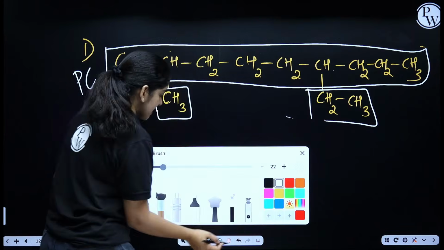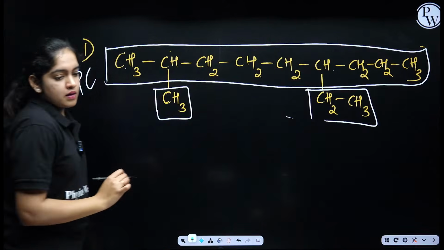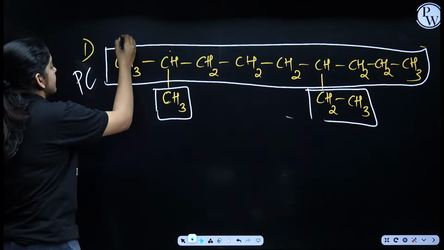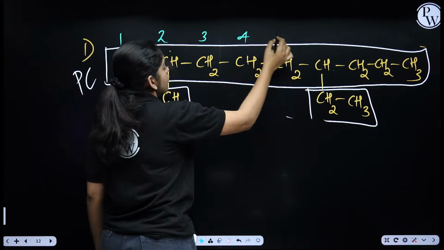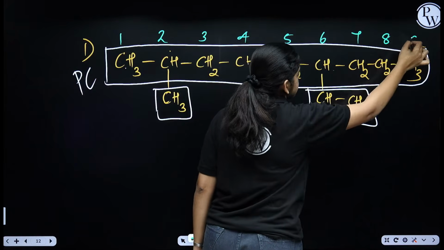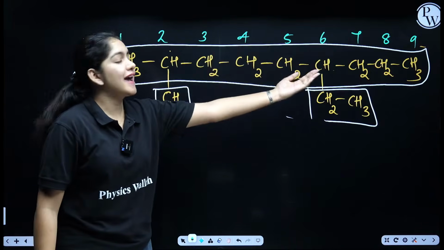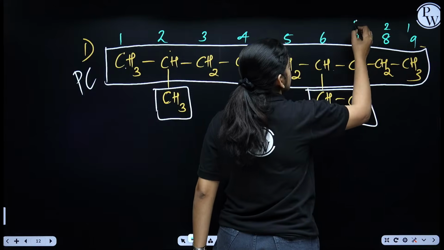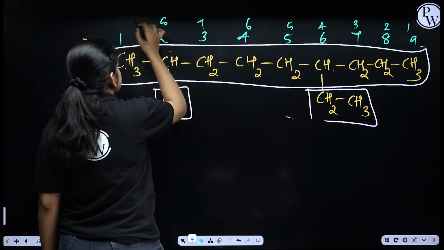So while numbering, we can check. Like 1, 2, 3, 4, 5, 6, 7, 8, 9, left to right. Now we can start from right to left, the opposite way: 1, 2, 3, 4, 5, 6, 7, 8, 9.